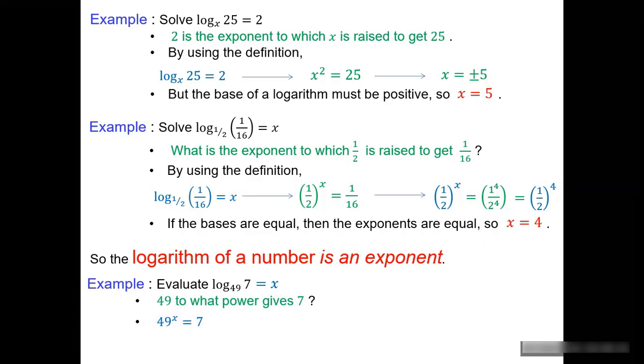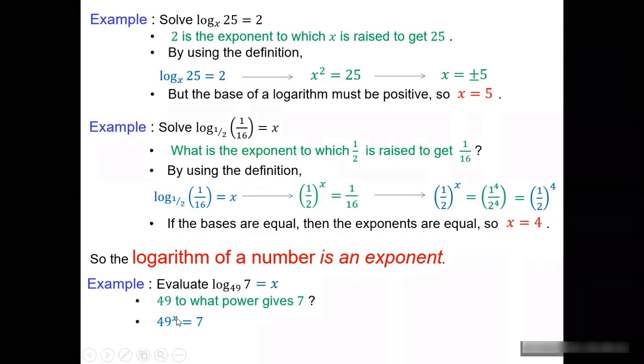Now it seems a little peculiar because 49 is larger than 7. So how do I raise 49 to a power and get a smaller number? Well, the easiest way to do this is to get the bases on both sides to be the same. You can see that 49 is the same as 7 to the power of 2.